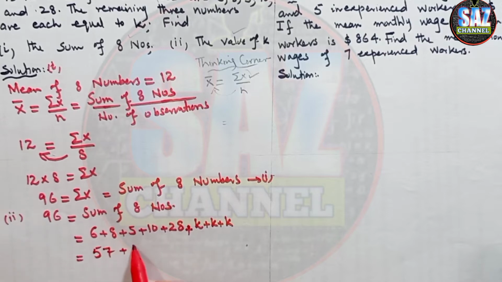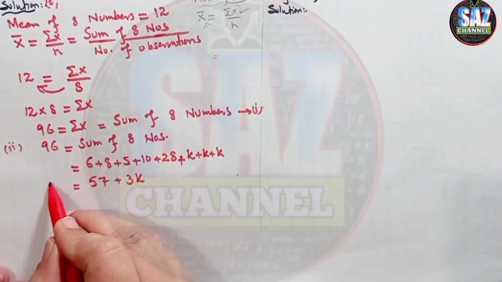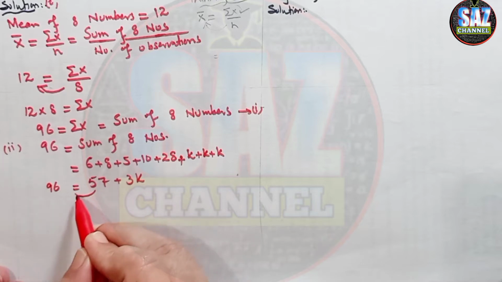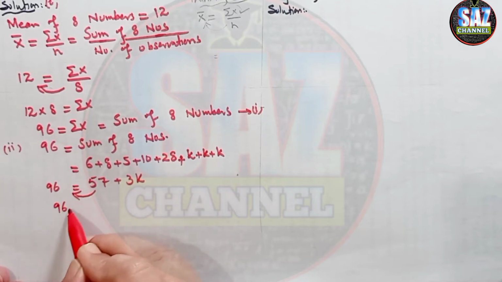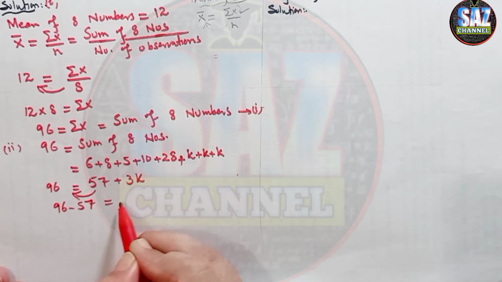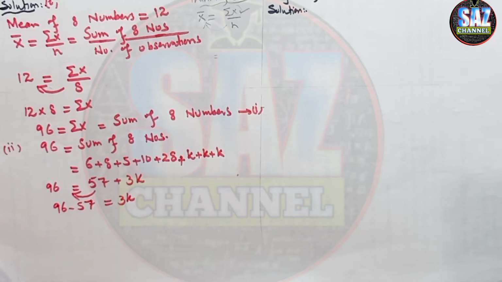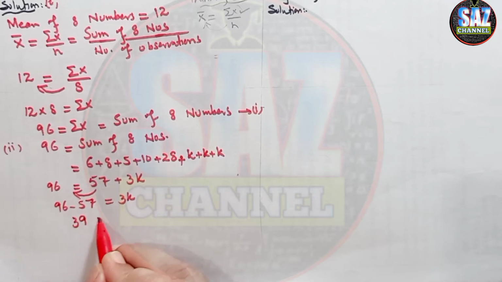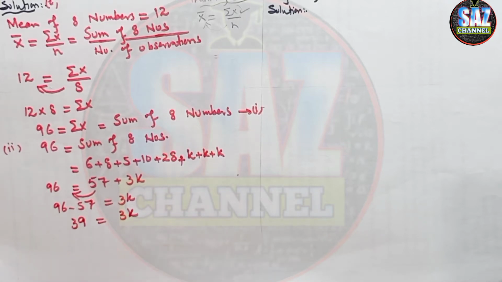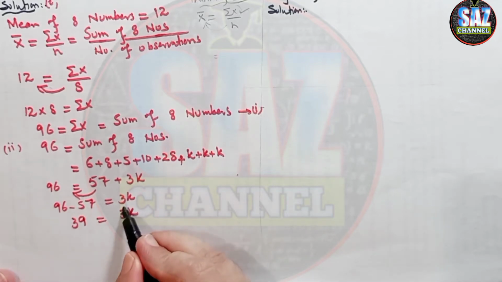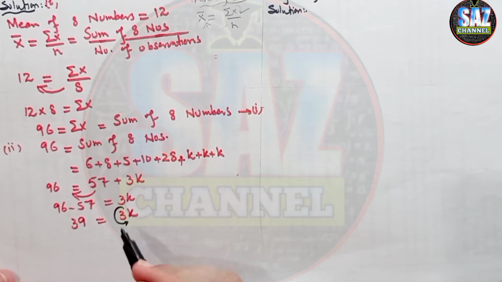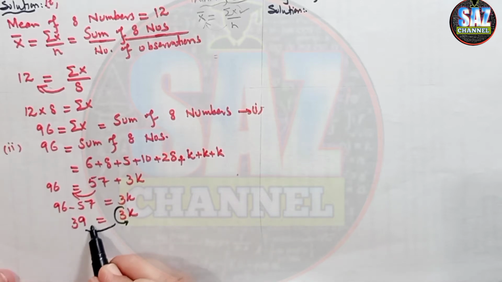plus 3k. Now first shift this 57 to the other side. 96 minus 57 equals 3k. Take away 57 from 96. 96 minus 57 is 39. 16 minus 7 is 9, 8 minus 5 is 3, so 39 equals 3k. Now we have to find the value of k, but this 3 is multiplied with k, so we shift it to the other side.